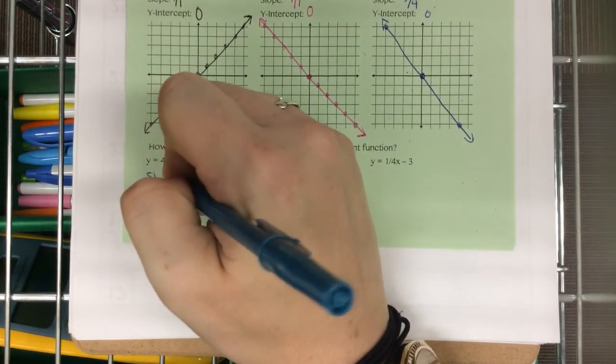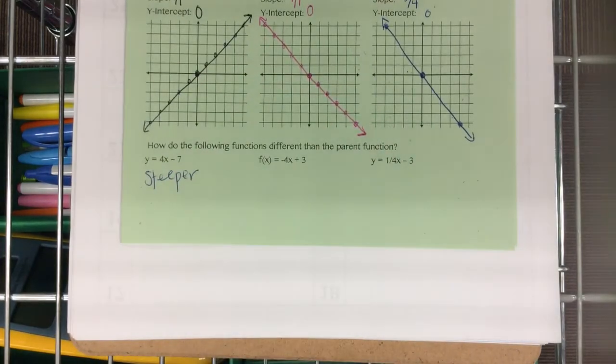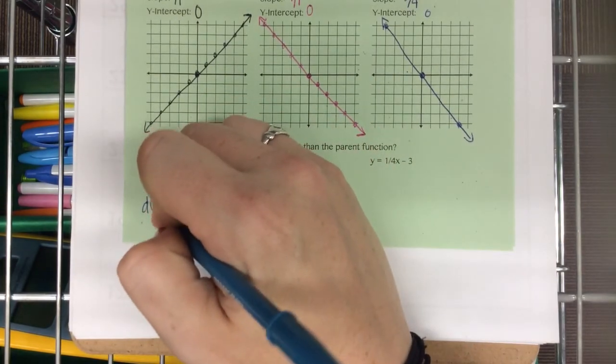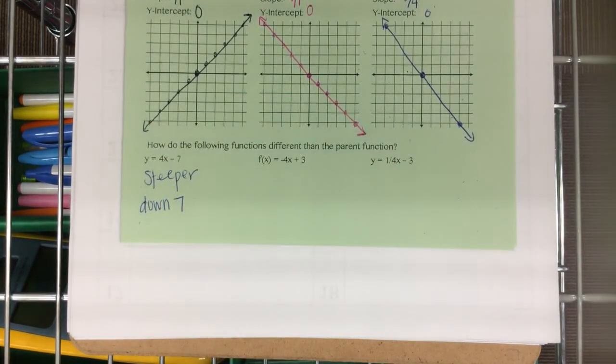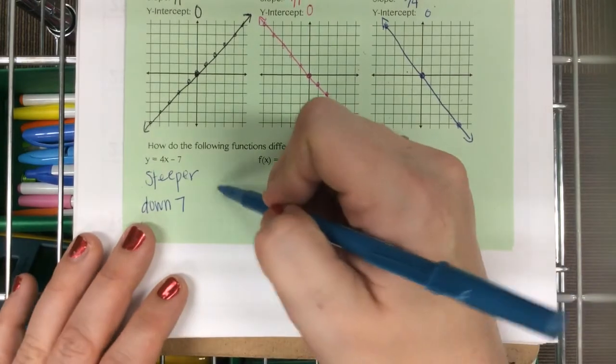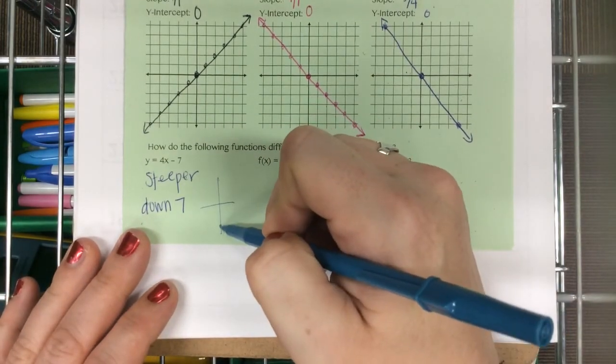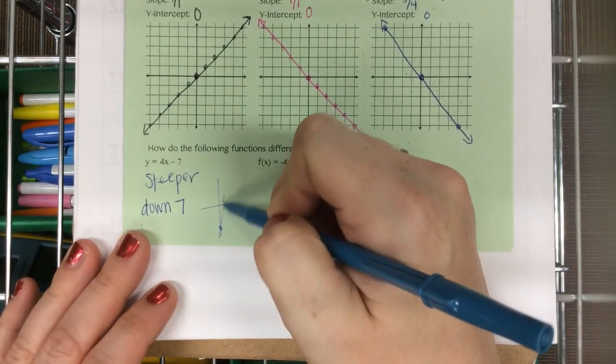It's steeper. What else is different about it? Damaris? Yeah, and it's down 7. It translates down 7. So I'm just estimating here, right? Here's negative 7, and it's going to look a little bit like that.